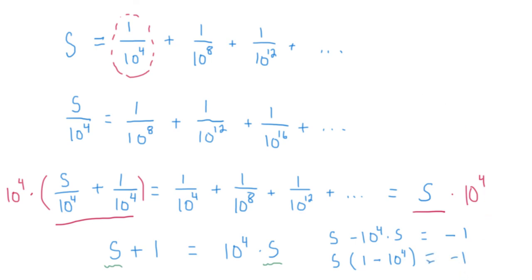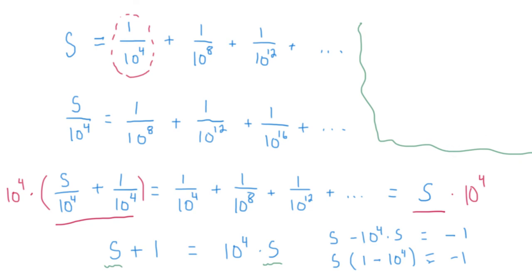But now, if I put all this together, I've actually solved for s. So 1 minus 10 to the fourth is going to be negative 9,999, because remember 10 to the fourth is 10,000. So I'm really just taking 10 to the fourth and subtracting 1, but it's really going to be negative.